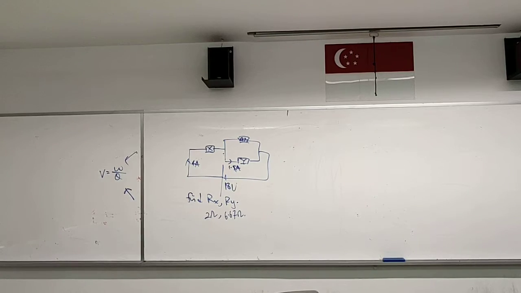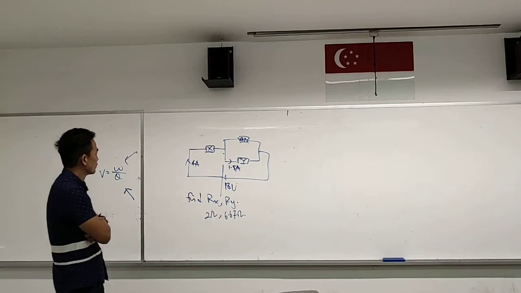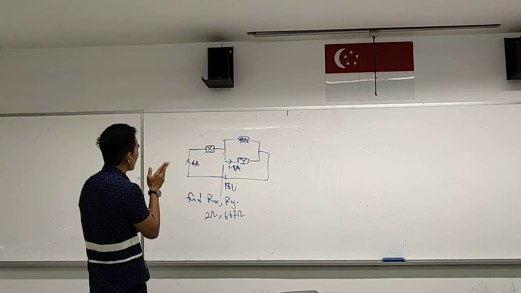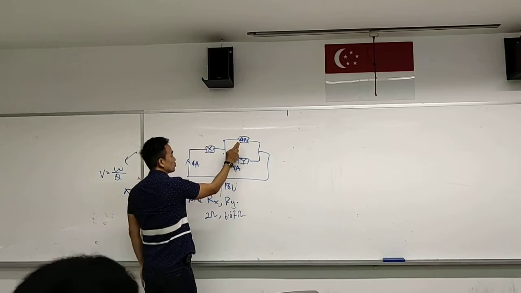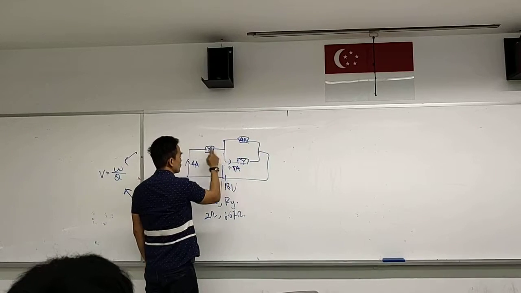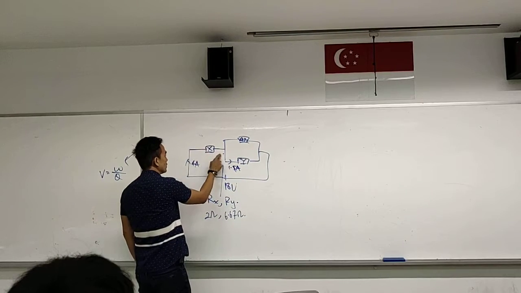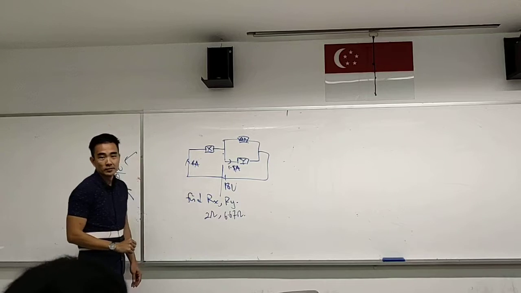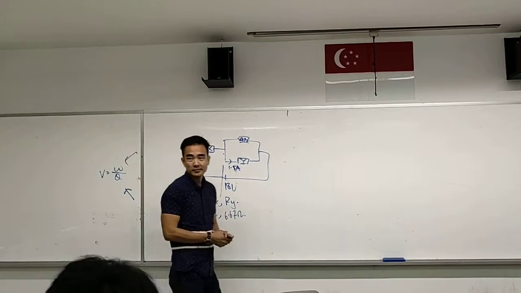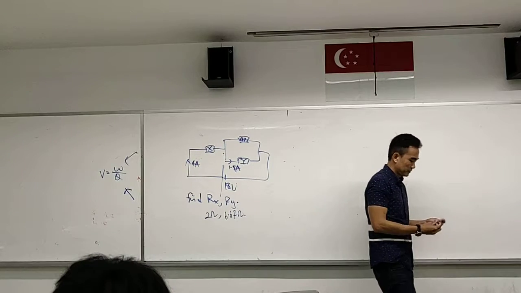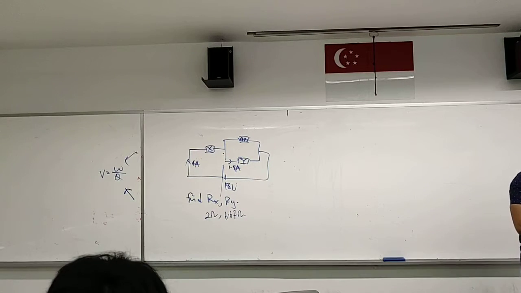I got x is 2.5. Tell me if I made a mistake. 2.5 cannot be, you see, because this is 2.5 m, so this potential difference is 10 volts. So this potential difference is 8 volts. 8 divided by 4 is 2. I also got 2.5 m for the 4 ohm.